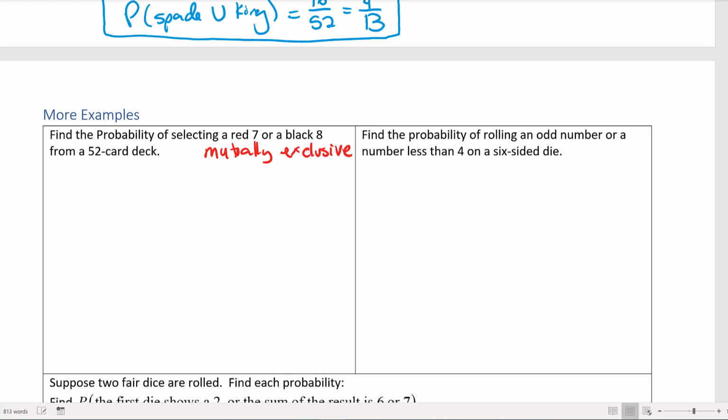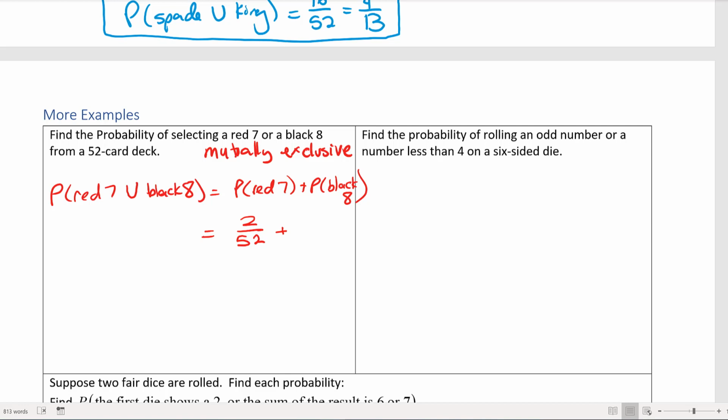Because it's mutually exclusive, I can use the shorter formula, which is the probability of a red 7 or a black 8 is simply going to be the probability of a red 7 plus the probability of a black 8, and that's it. No subtracting off because there's no intersection between those two things. The probability of getting a red 7, well, there's 2 red 7s. We have a 7 of diamonds and a 7 of hearts, so that's 2 out of 52.